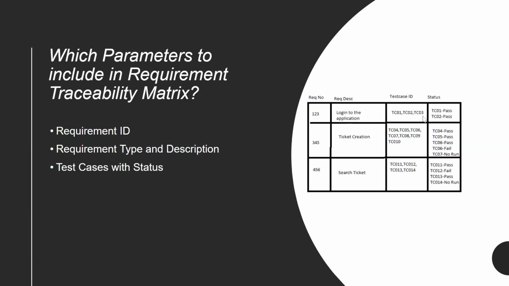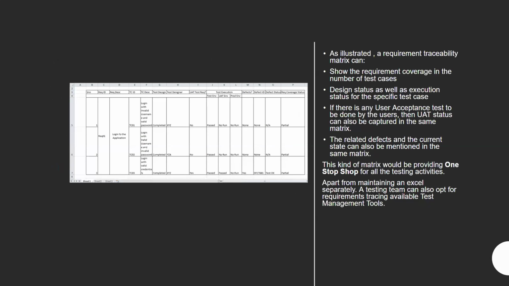For search, you include every test case ID under search, then you look at the status. You're doing your check and balance to ensure that you've covered every single functionality. That's basically it.